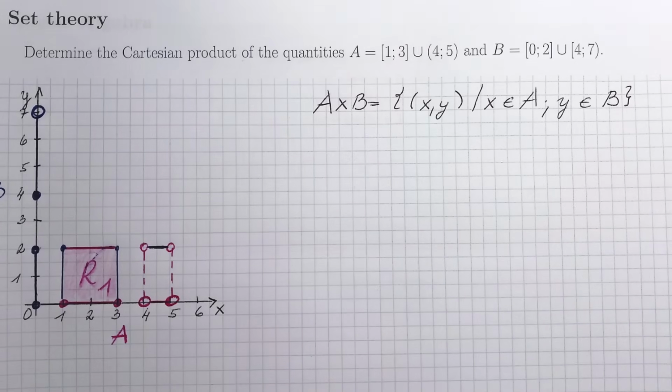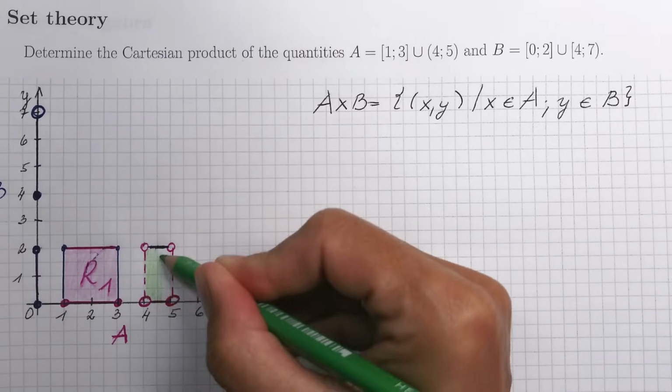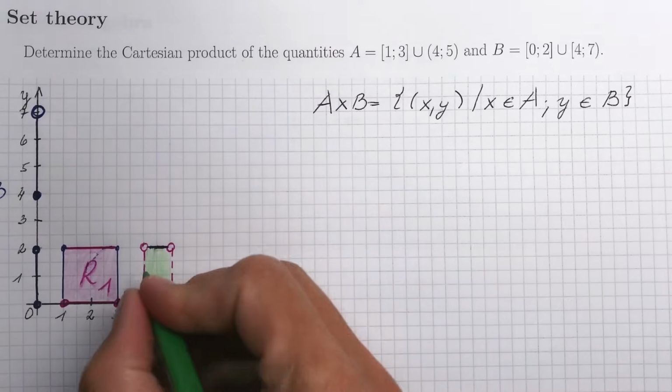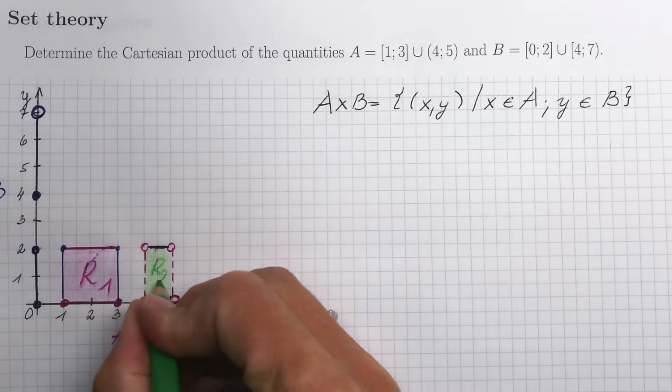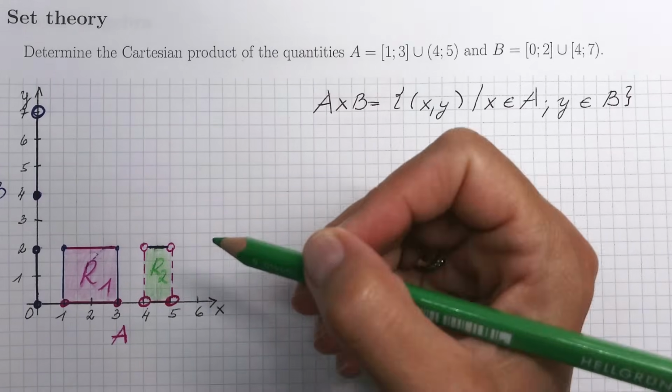Now let's fill this area here. R2. Here the edge is included, but the vertices are not included.